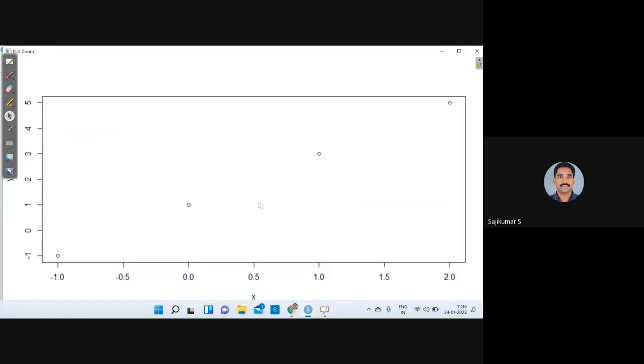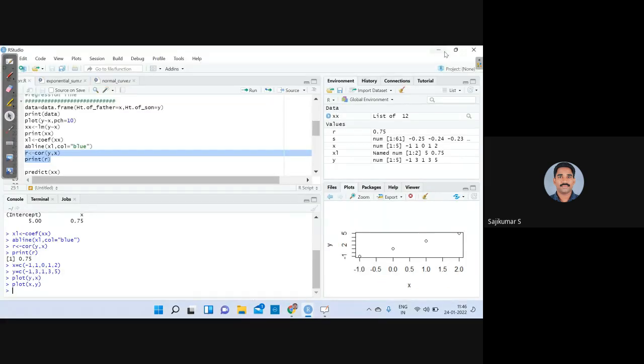And if we fit a straight line to this data, we can see the nature of the straight line.